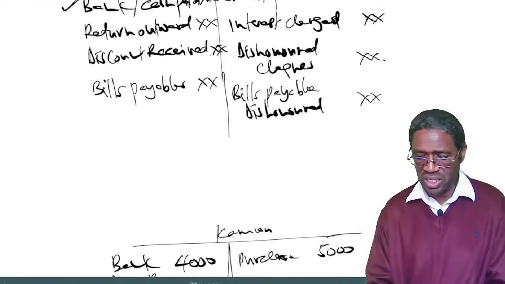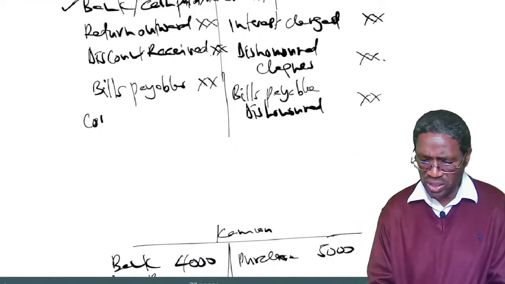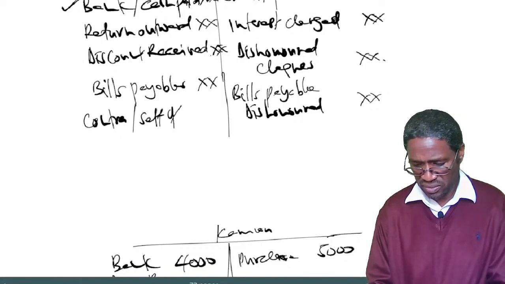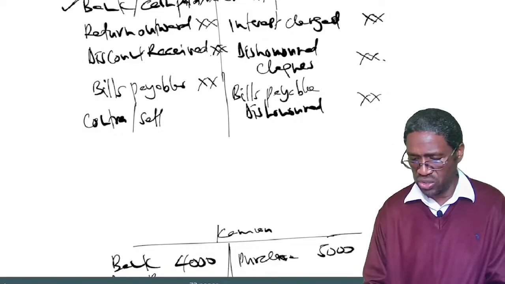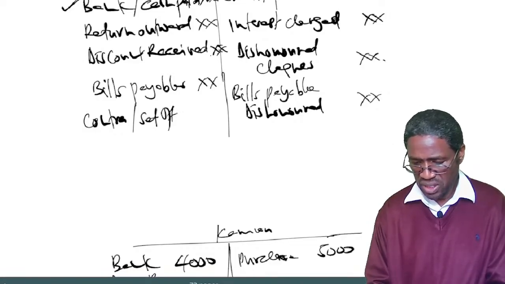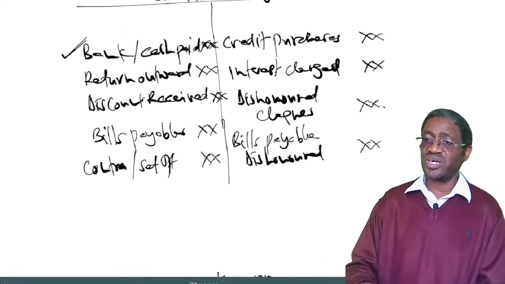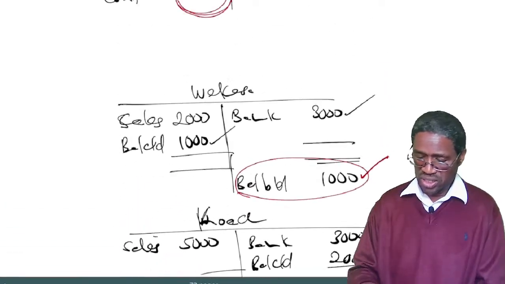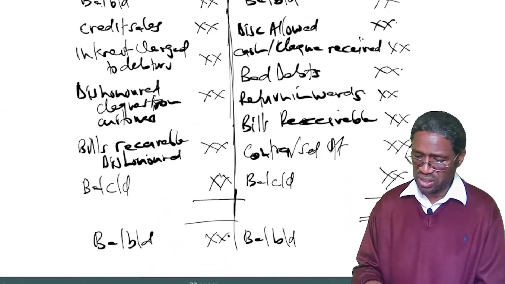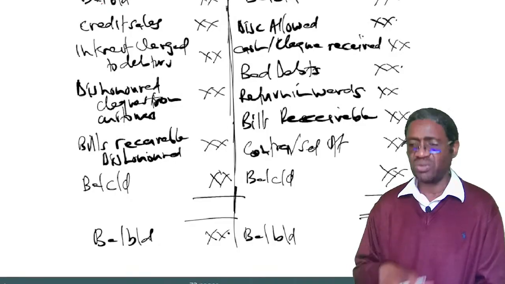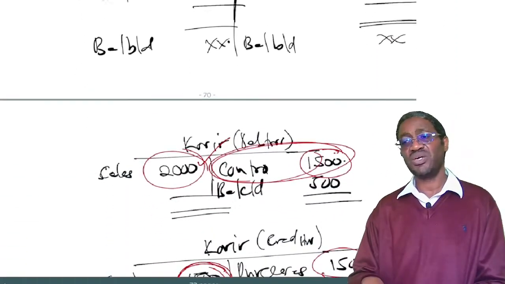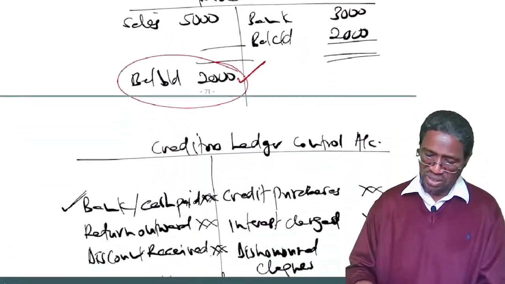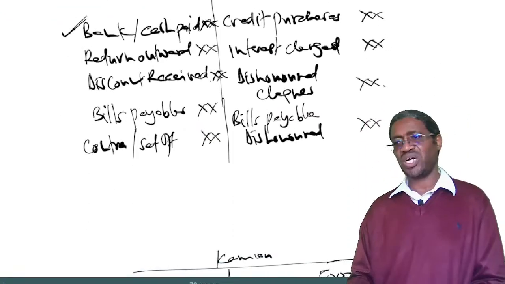So we are saying here, if there is any contra entry, any contra or set-offs, that's what you debit. Just like we credited the control account for debtors with the set-off, good. Now we are saying with the set-offs for creditors, you come and debit, good. Now we can move on.